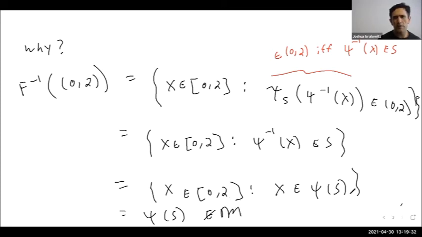Again, here I'm using the fact that this is a bijection. So this is just all x in the image of psi. The inverse is in S if and only if x is in the image.